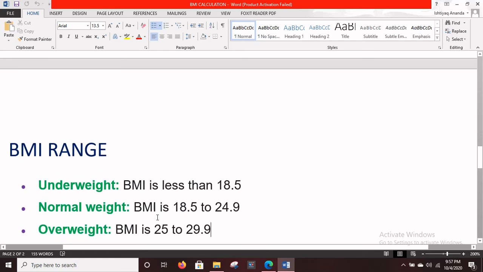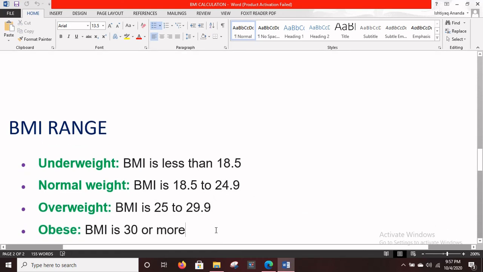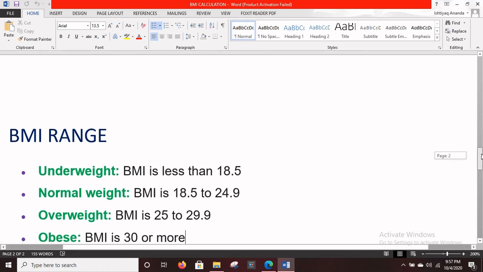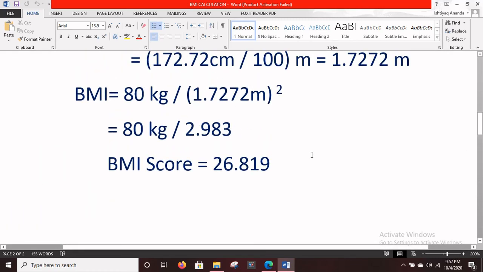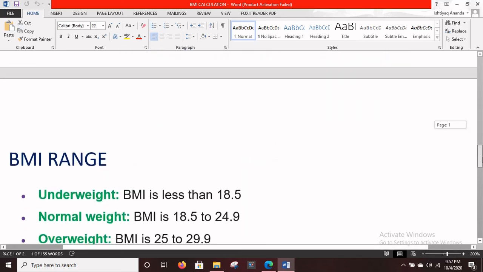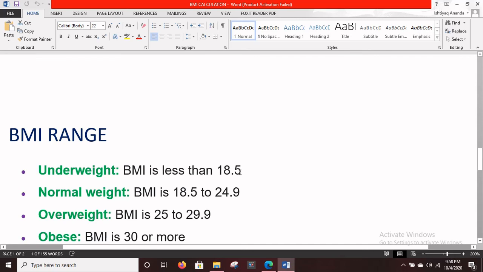If it's 25 to 29.9, it's overweight, and 30 and over is in the obese range. So our BMI score is 26.819, which definitely falls under the overweight range.